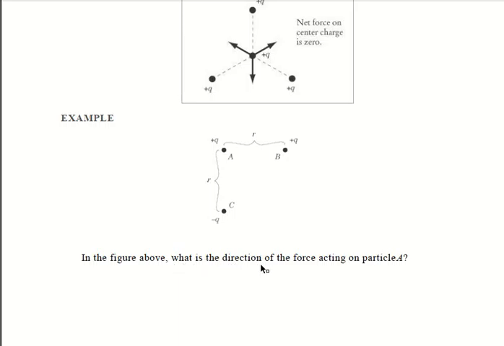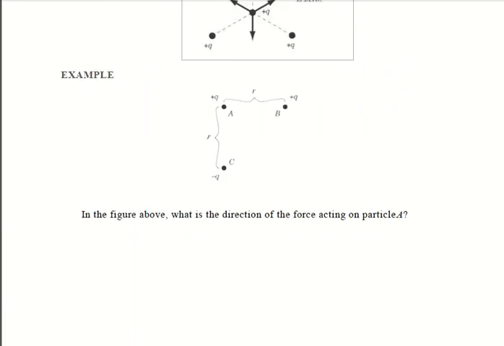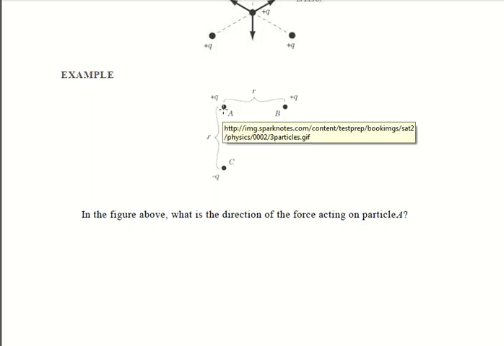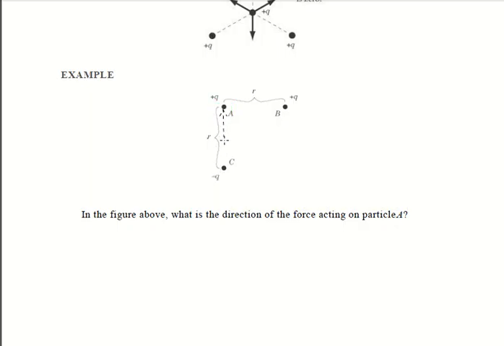So in this figure, we want to figure out the direction of the force that's acting on particle A. And C, since A is a positive Q and C is a negative Q, that's going to be an attractive force. So A is going to get pulled down towards C.